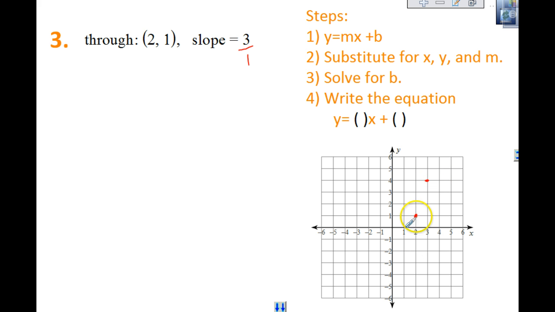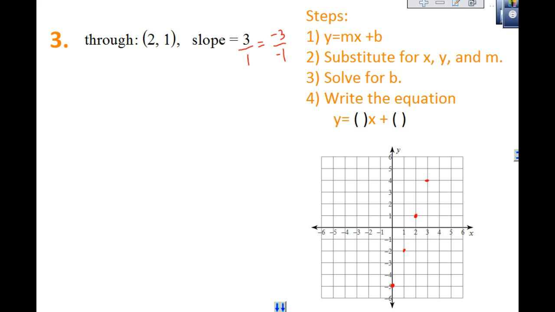I want to have a y-intercept. So this is the same thing as negative over negative, because that's positive as well. Down 3, up 1, down 3, left 1.